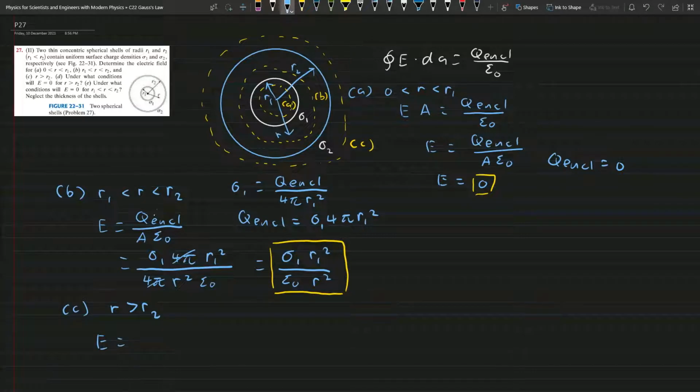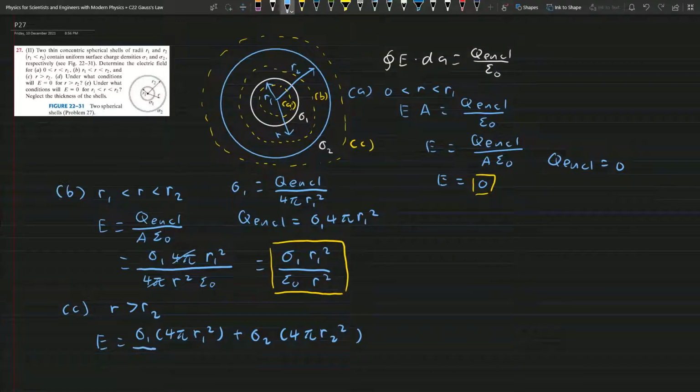Now this Q enclosed will equal the sigma 1 multiplied with 4 pi r1 square. This is the charge on the internal spherical shell. And we have the addition of the charge on the outer spherical shell, which is given by sigma 2 4 pi r2 square, and the whole thing is over the area we choose.